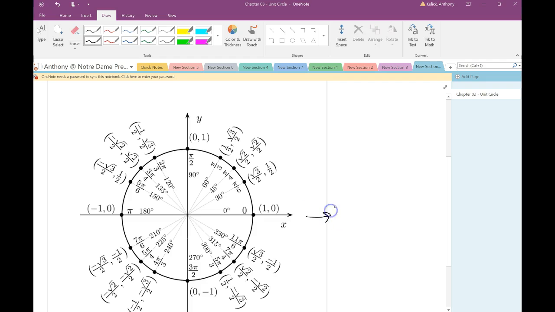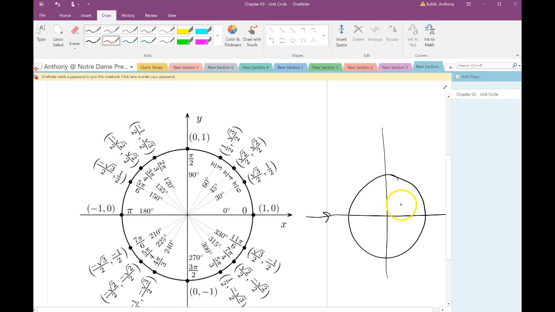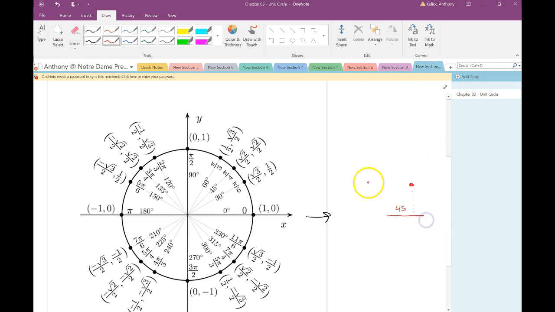Okay, so the idea then was, if I have my unit circle, and let's say we'll do the 45 here.